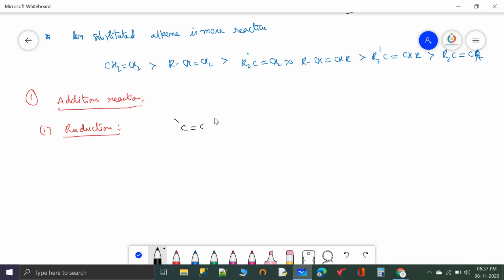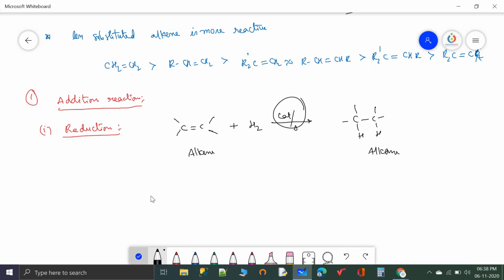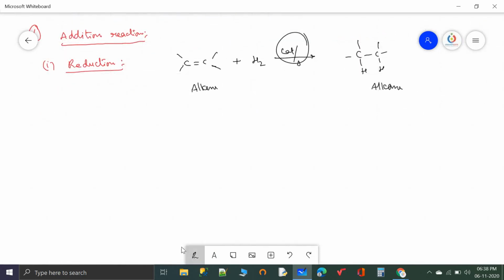I am writing the chemical formula only, no text, because I am explaining. Anyhow, this recorded video will be sent to you. So the alkene reacts with hydrogen in the presence of some catalyst and heat, and is converted to the alkane. Based on the catalyst, the reduction of alkenes is of two types. Let us see what those reactions are. The first one is the Sabatier-Senderens reaction.